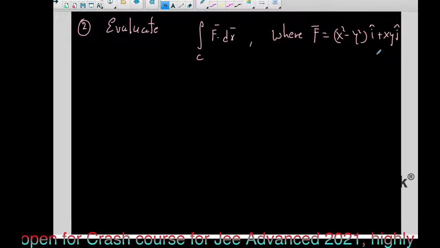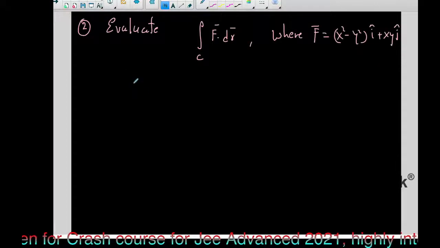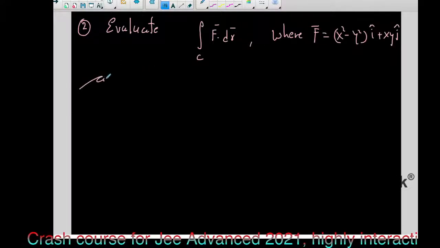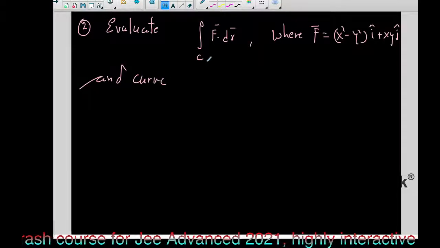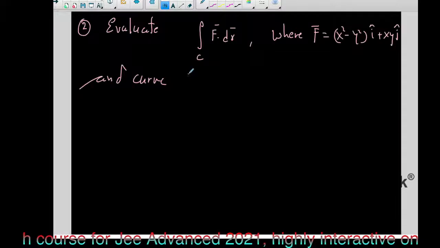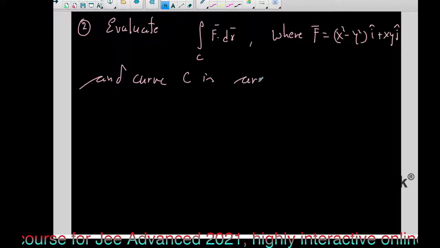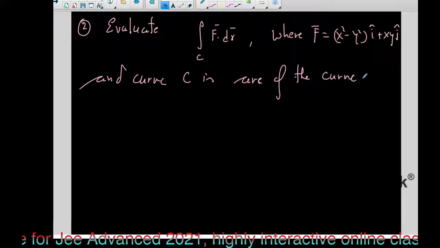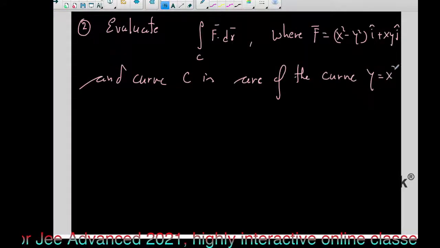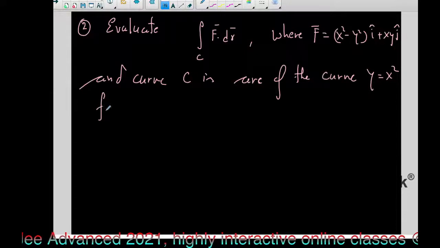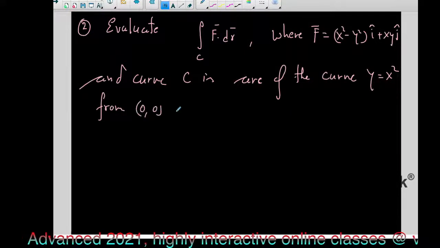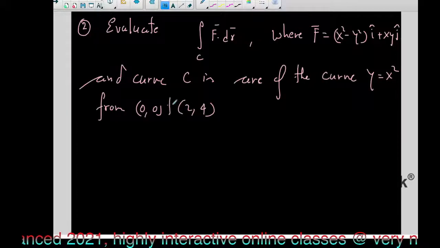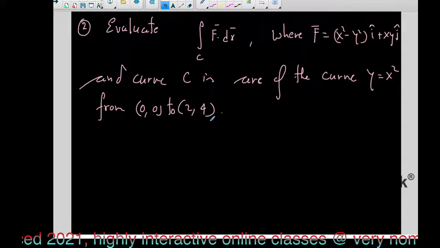And the curve C is the arc of the curve y equal to x square from 0, 0 to 2, 4. Now, you just please try.